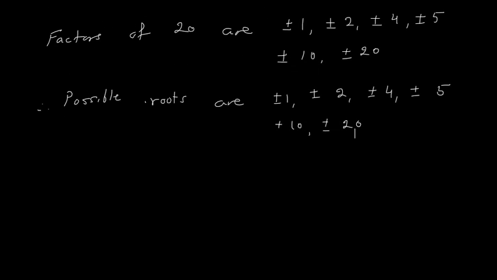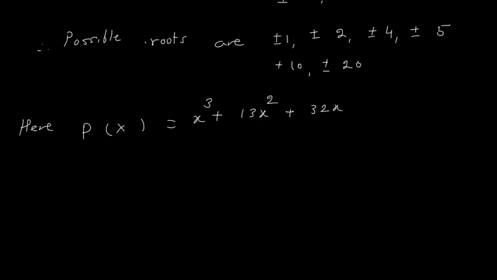Our p(x) is here; we will consider this as a polynomial. So p(x) is x cube plus 13x square plus 32x plus 20. One by one we will try. Let us first check what is p of minus 1.